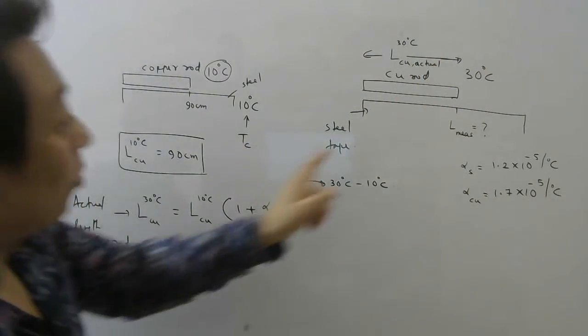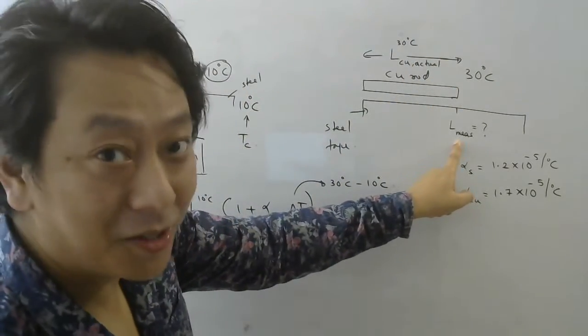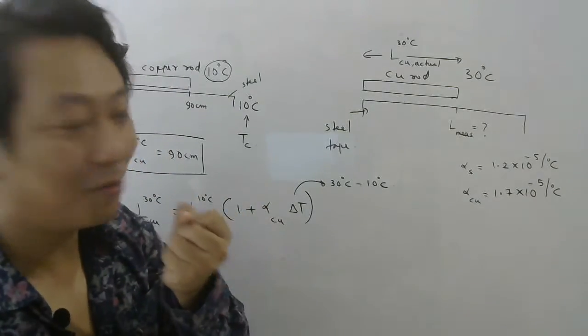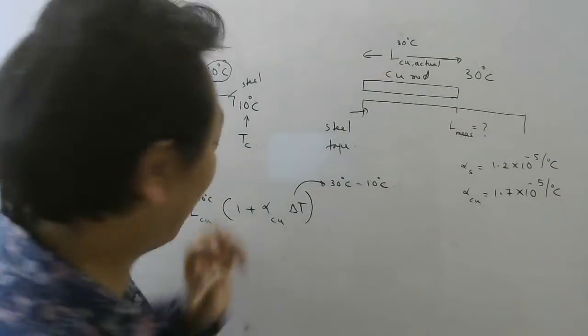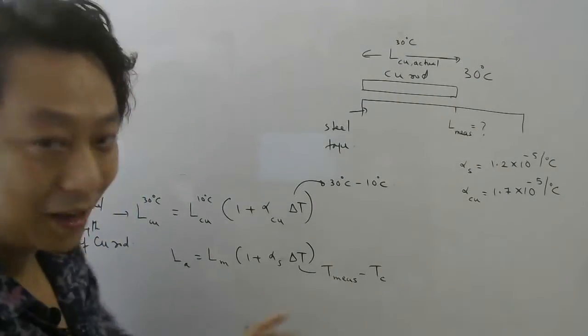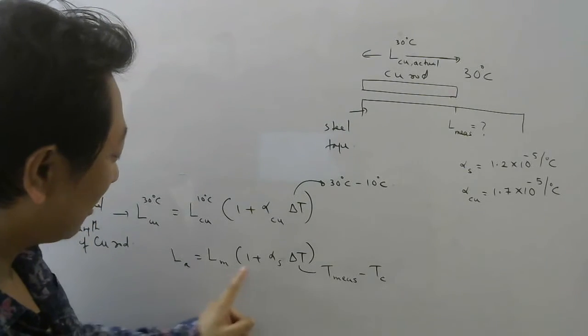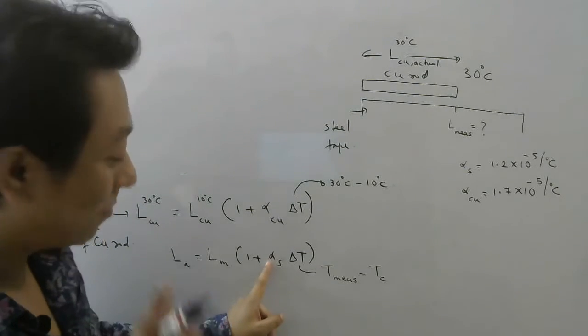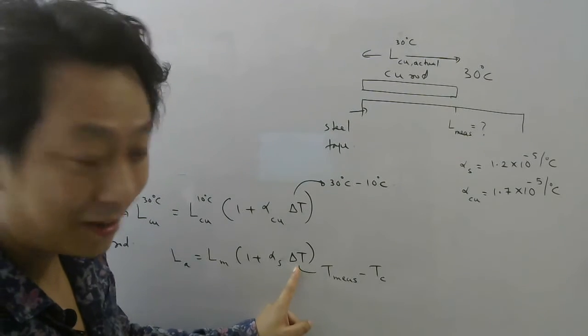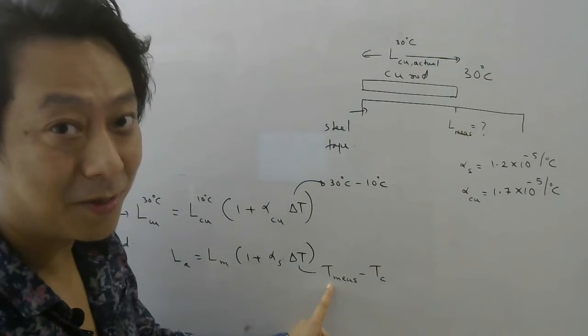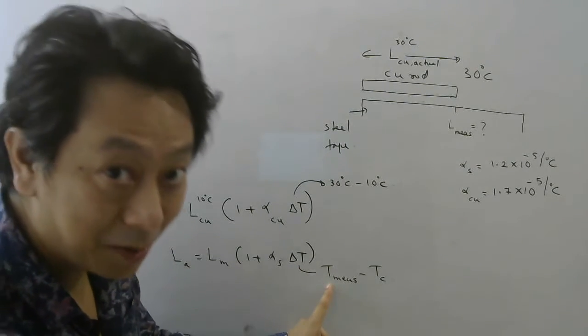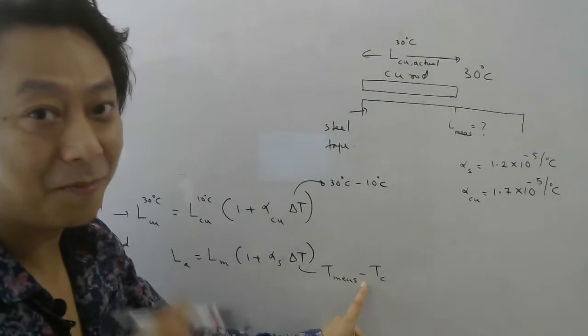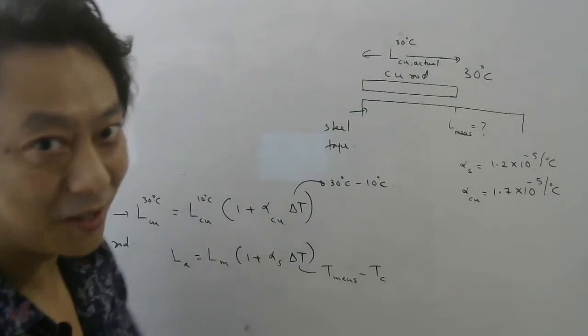Now they want you to calculate the measured length. I have already given you the formula between measured length and actual length, right? And that formula was this, right? Actual length is equal to measured length times 1 plus alpha of scale, remember, and delta T. And delta T was temperature difference between the temperature at which measurement is done minus the temperature at which calibration was done, right?